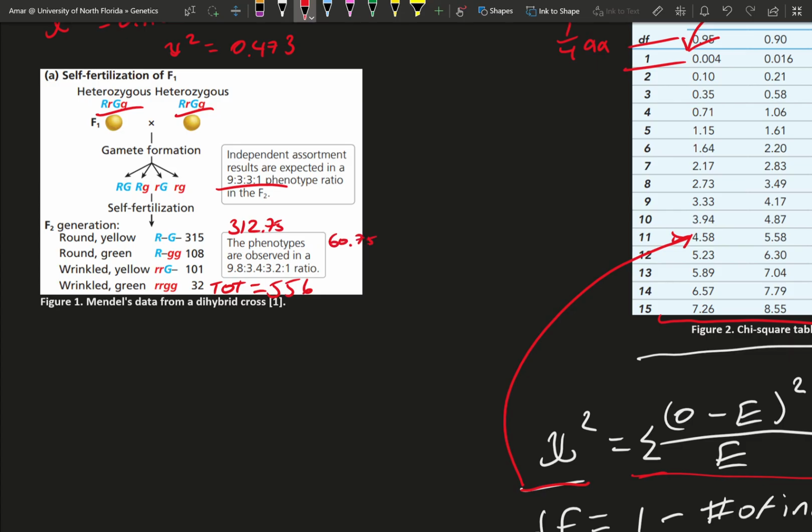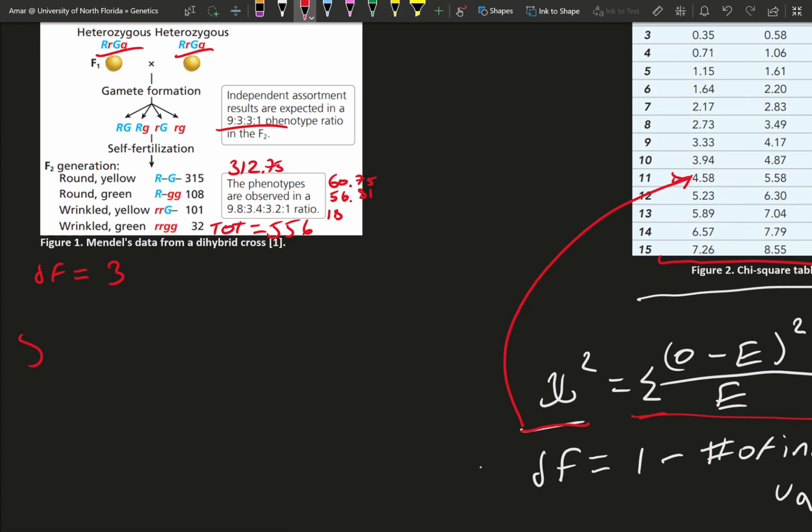Then 104.25, 104.25, and 34.75. Okay, so now, like I said, we have 4 different phenotypes that we're adding together, 4 different independent variables, so our degrees of freedom is equal to 3.